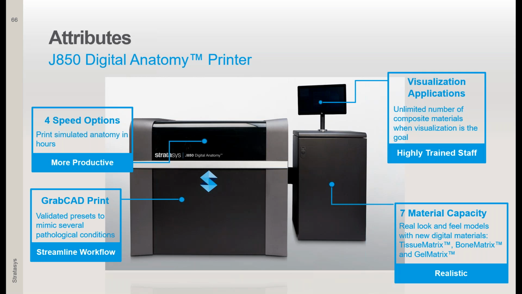So, not just the industrial applications that we are looking at, but more importantly, here I am presenting to you the digital anatomy printer from the J series as well. A couple of slides to talk about how the medical world's needs have been addressed.